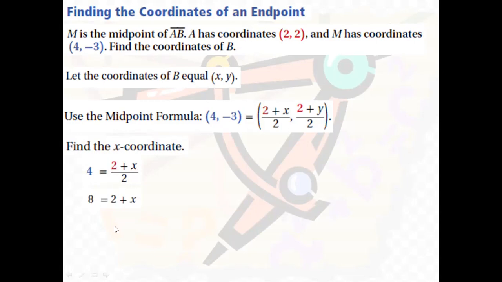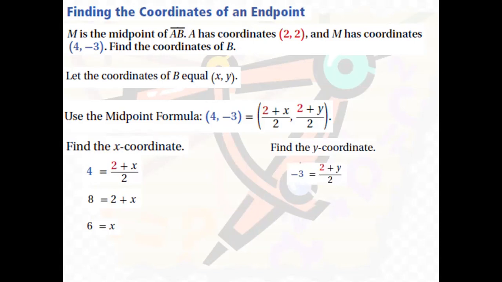Then 2 plus x, that's going to be 8 minus 2, which is 6, equals x. So we already found the value of x. Now let's move to y. We know if this is x, this is going to be y. So this is y, 3, and this is going to be y as well, because we have to find the y coordinate. So we say 3 equals 2 plus y divided by 2.